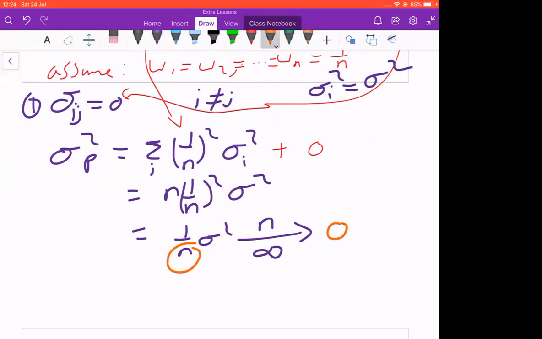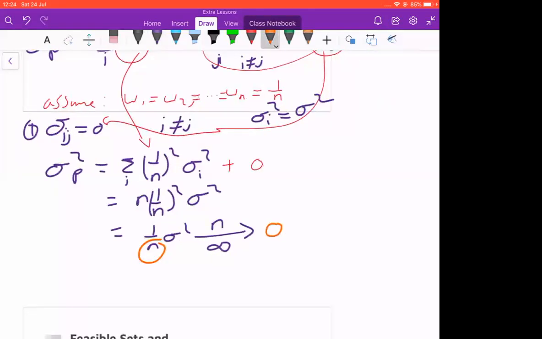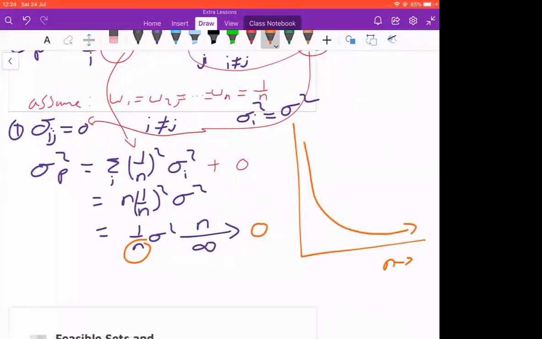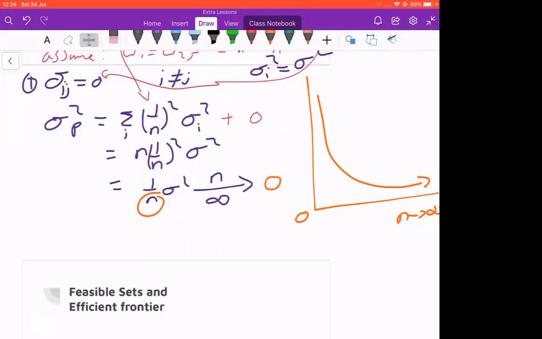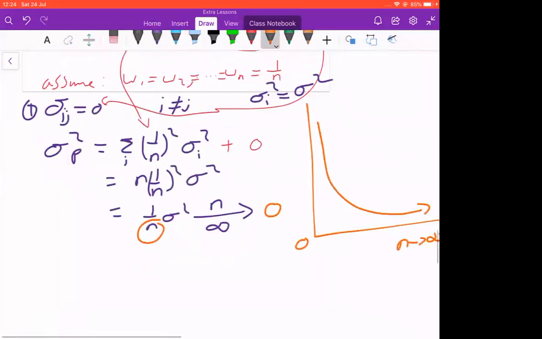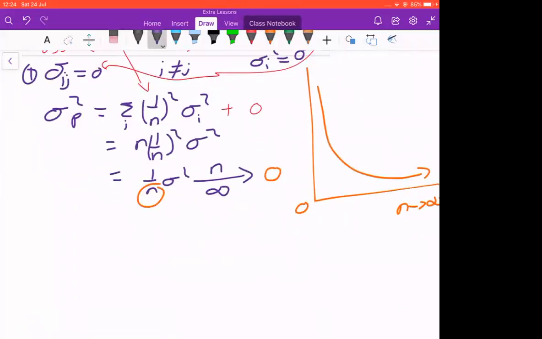When you enlarge it, it simply means that the risk will simply go to 0. So as n increases, the risk also becomes 0. It goes towards 0.